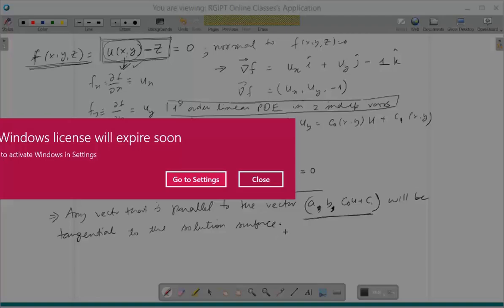Therefore, now I'm going to remind you of something very similar to the definition of a streamline. If you have any vector, there is a parametric representation of a vector.